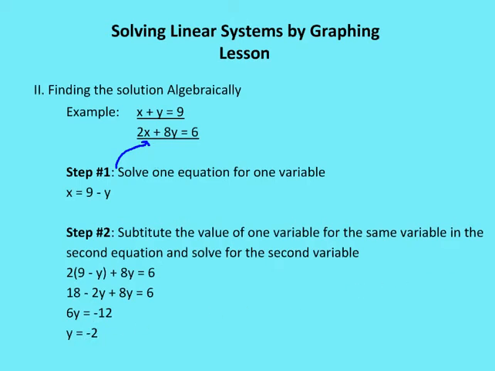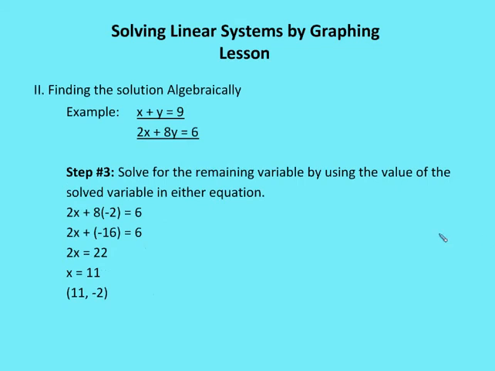Now the final step is to use the value of y, again, to solve for x. Well, I know that y is negative 2. I know that x is equal to 9 minus y. I can figure out what x is going to be. I can either substitute into the second equation or the first equation, it doesn't matter. In this case, I substituted in for y in the second equation.